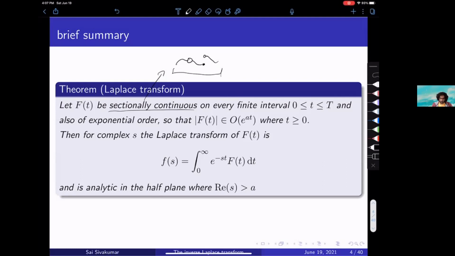And then the other thing we want capital F to have is exponential order. Now, this is also not the usual way we might see it. A lot of times you'll see the absolute value of f of t is less than or equal to M times e to the at, where you say this M exists, and this is true for some t greater than or equal to some capital T. So after a certain point, the exponential is going to dominate.